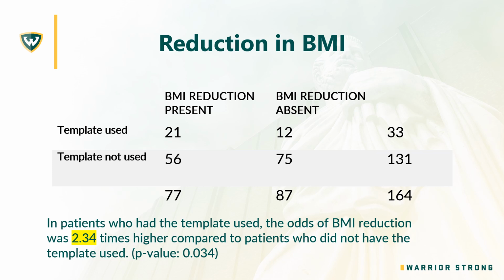To understand if this reduction in BMI that we discussed was statistically significant or not, we calculated an odds ratio. This is the 2 by 2 table that we used, and we found that in patients who had the template usage, the odds of BMI reduction was 2.34 times higher compared to patients who did not have the template usage, and the p-value for this was less than 0.05.